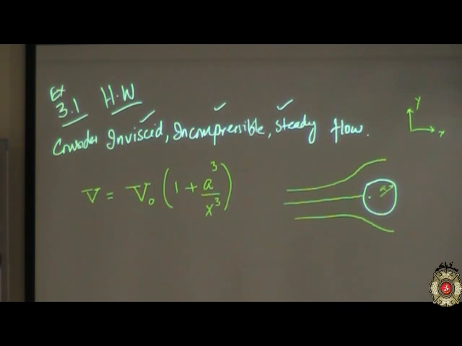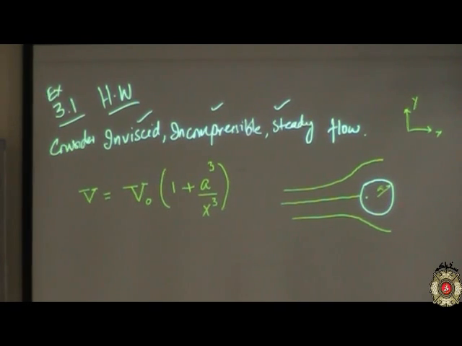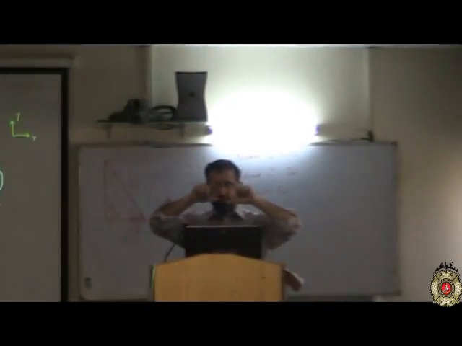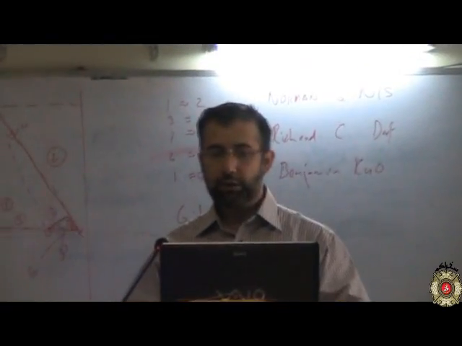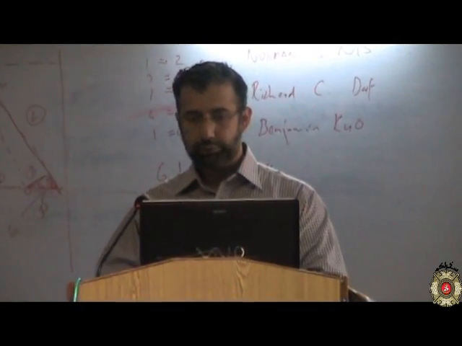We will derive these equations in a very different way, but that's the thing which gives us how the velocity varies as we change the value of x. A is a constant, it's just a circle with a radius a. Let's say a is 1, so you already know what that number is.